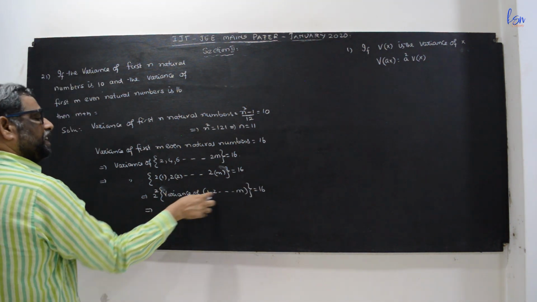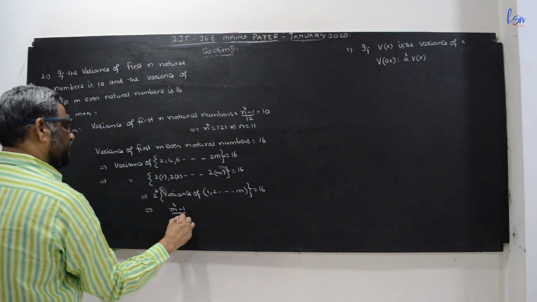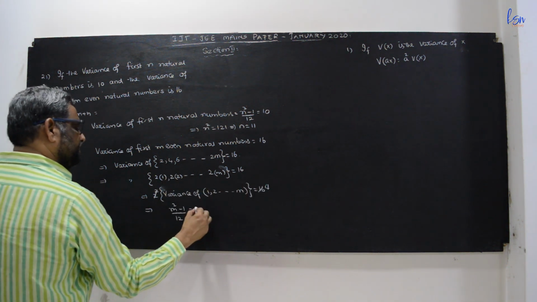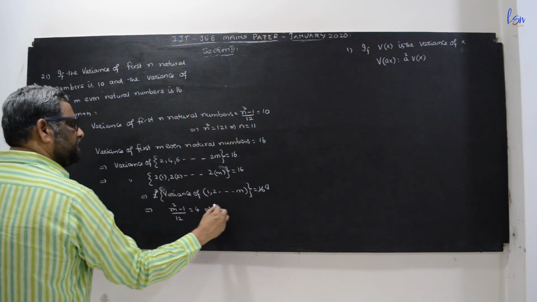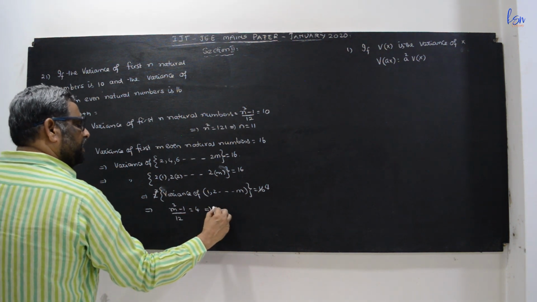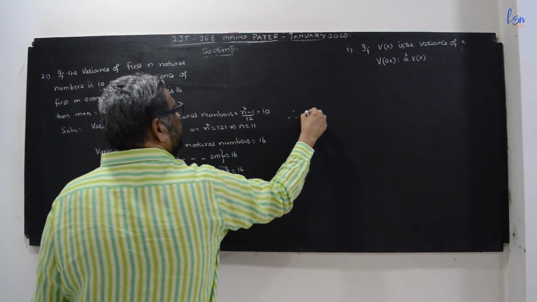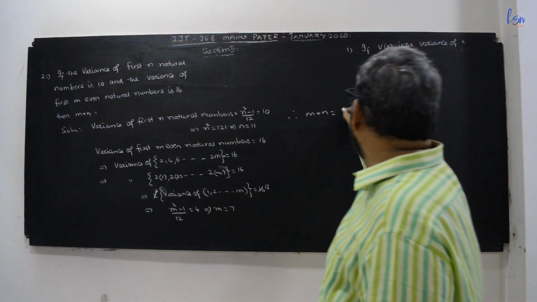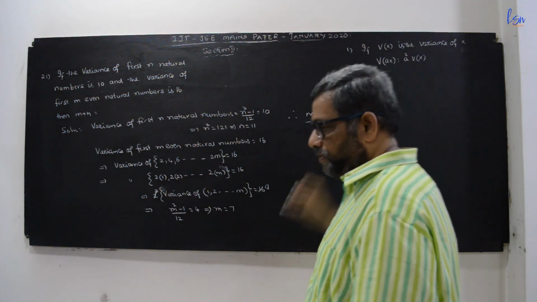Variance of 1 to m, the first m natural numbers, is m square minus 1 by 12. This 4 will cancel with the 12, and it becomes m square minus 1 equal to 48, so m square equals 49, m equals 7. Therefore, m plus n is equal to 11 plus 7, which is 18. So this is the answer.